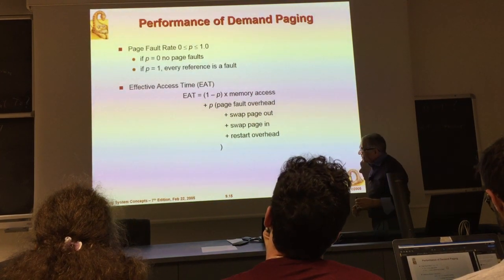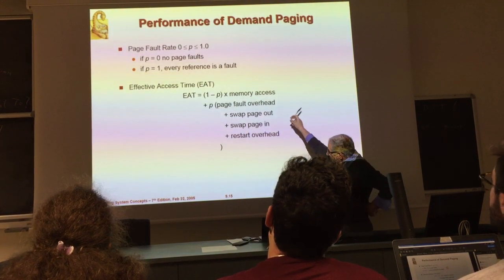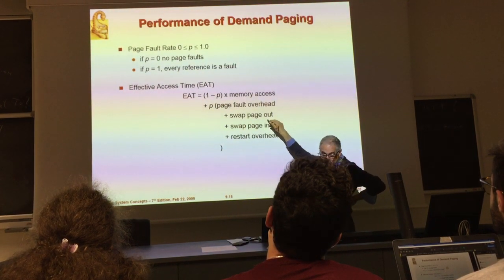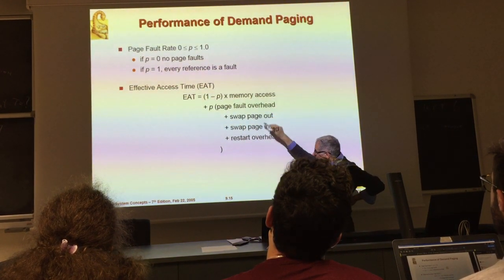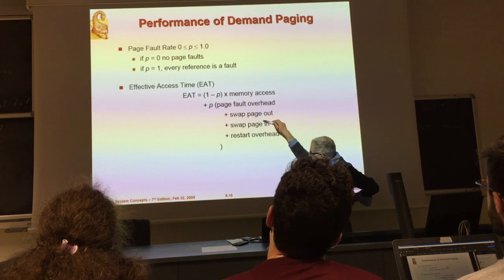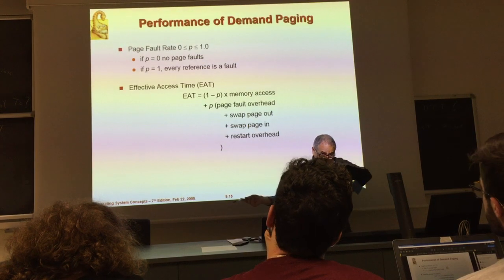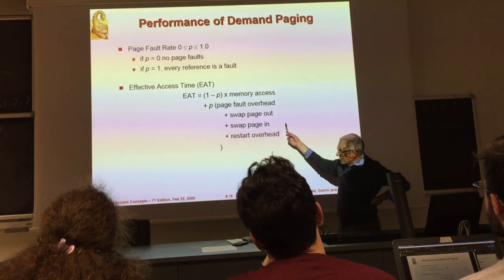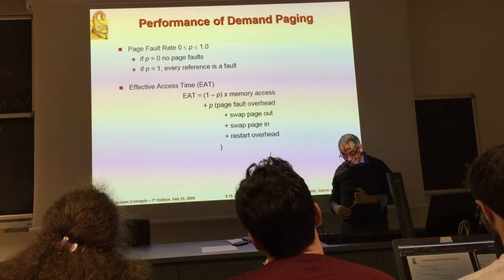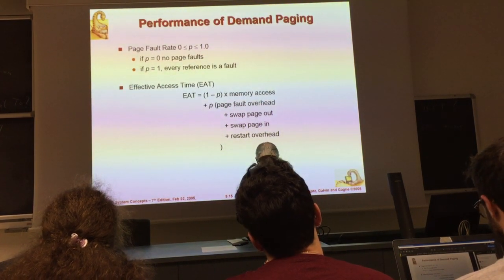Otherwise, in case of a miss, it's much slower, because with this probability of page fault, you need to swap out one page probably, and swap in another, and restart the instruction. These 2 times are much more than the memory access time, because you have the delay for the transfer and the queue, even for the normal file system.